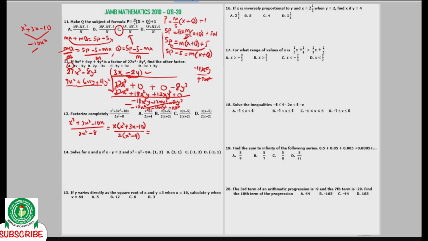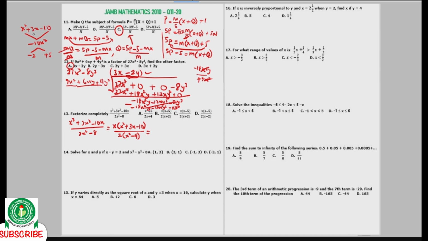So the 2 factors that you can add together to get 3 here are 2 and 5, because factors of 10 are 1 and 10, 2 and 5. So 5 minus 2 will give us 3. So we rather use minus 2 then plus 5. Why? Because minus 2 from 5 will give us what?